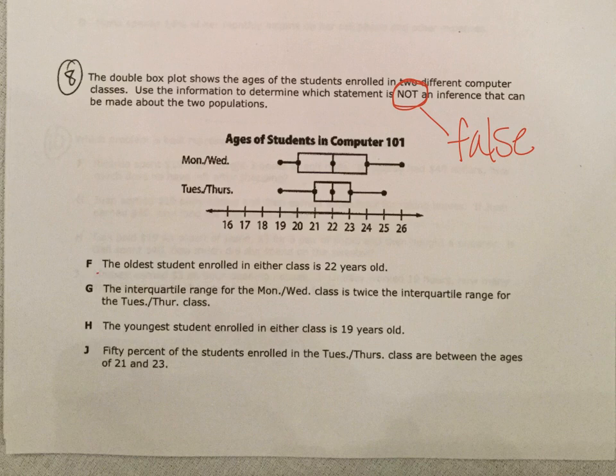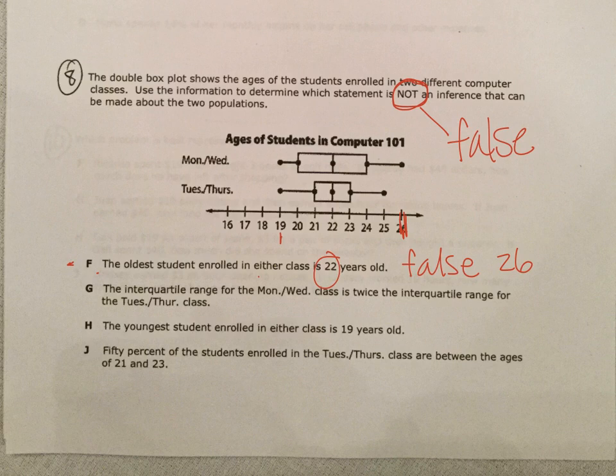The oldest student enrolled in either class is 22 years old. Well, if these are the ages, that means that they range from 19 all the way to 26. Okay, so this is a false statement here, because it says 22, but I could tell here that the age is 26.